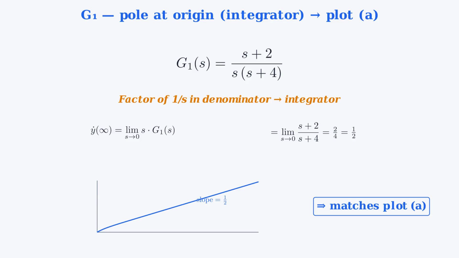Plug in: s times (s plus 2) over s times (s plus 4), which simplifies to (s plus 2) over (s plus 4). At s equals 0, this is 2/4, equal to 1/2. So the response asymptotically grows as a ramp with slope 1/2. A straight ramp matches plot A. Answer: g1 corresponds to plot A.